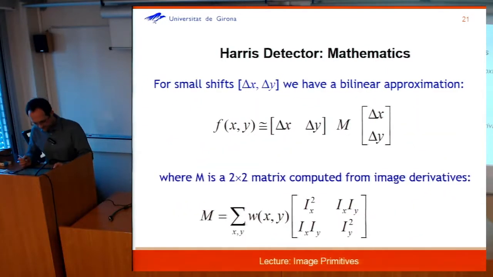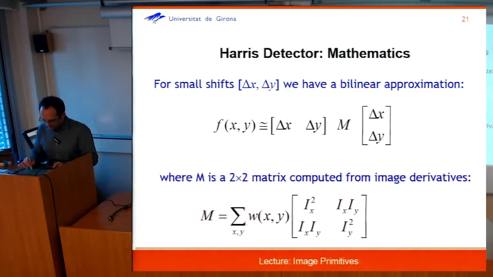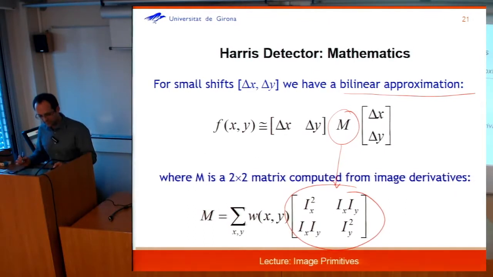Okay? And then at the end, what happens is that I could do this bilinear approximation, and this means that M gets into this form. And M is this 2 by 2 matrix that I can compute from the derivatives of my image. The first element is the derivative in the x direction squared.